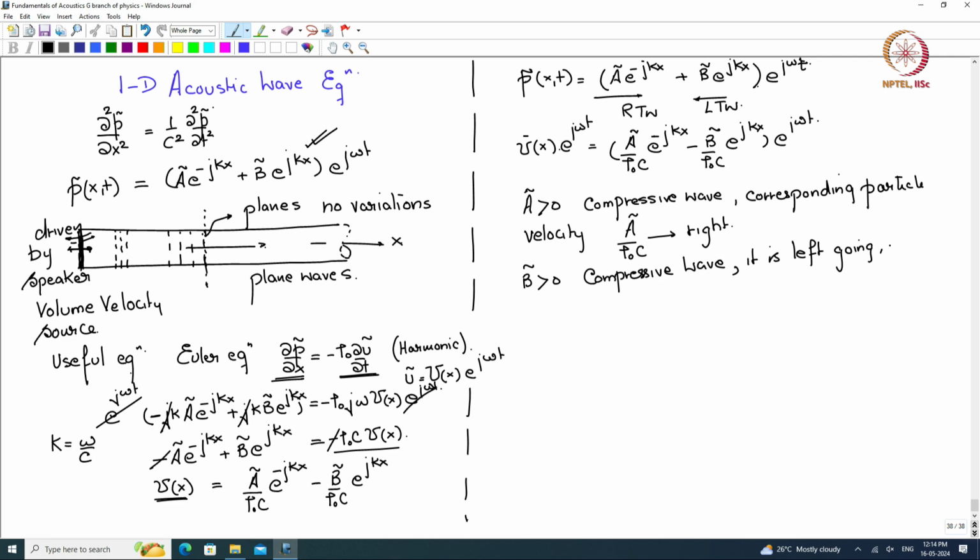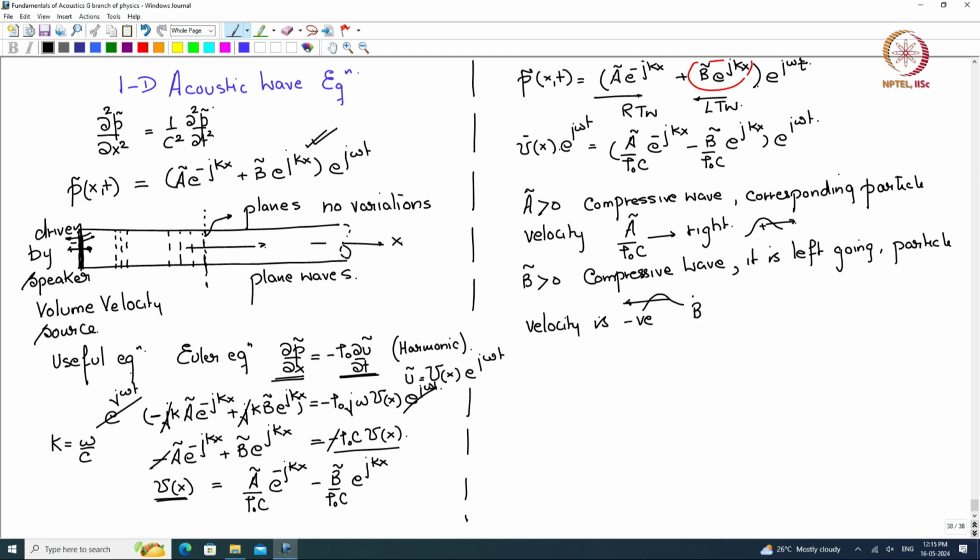So this is a compressive wave moving towards the right, and this is a compressive wave moving towards the left, and so my particle velocity will be negative.